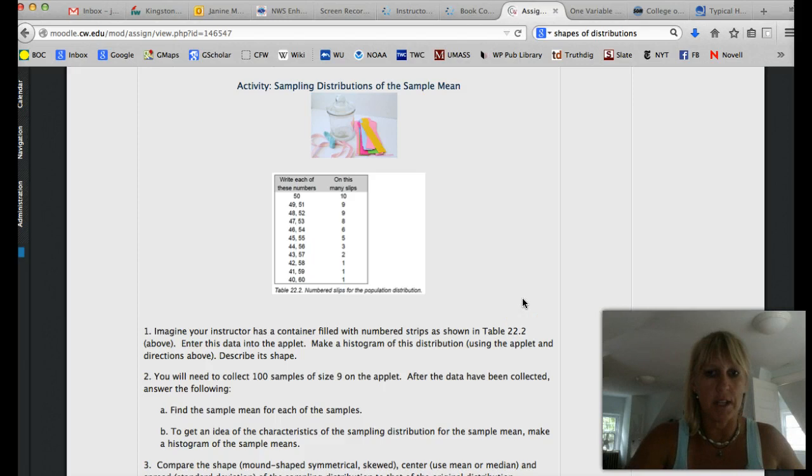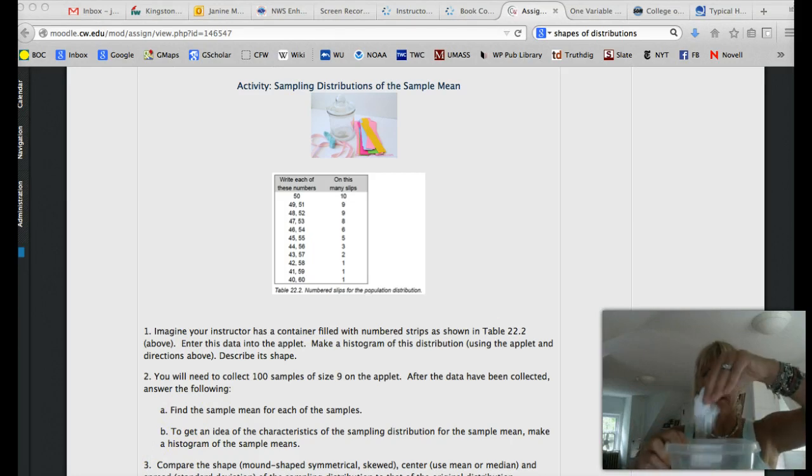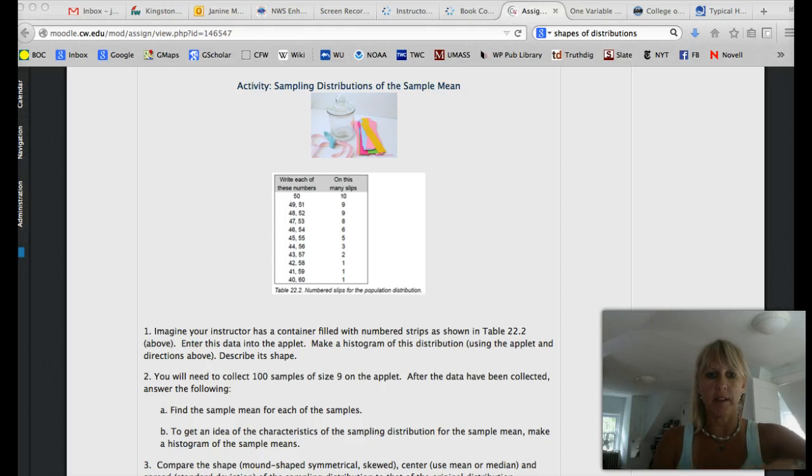So after I wrote the numbers down, I'm going to now cut them out. So I'm going to pause while I cut them out. Okay, so right now I cut up all the pieces of paper and I put them in this plastic bin. And what I'm going to do is collect a sample of size 9. So I would actually pull them out of here 9 at a time: 1, 2, 3, 4, 5, 6, 7, 8, 9, and put the others back. So now I have 9 numbers ranging from 40 to 50, and I would calculate the average.